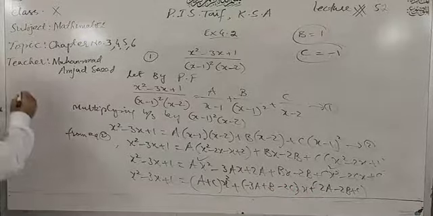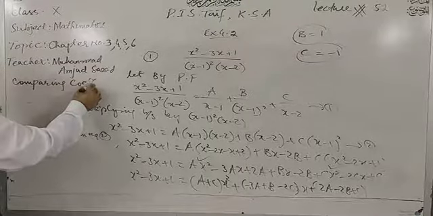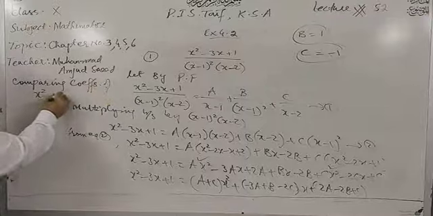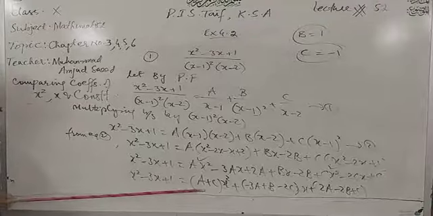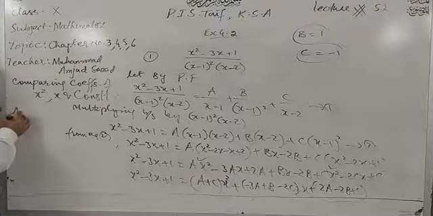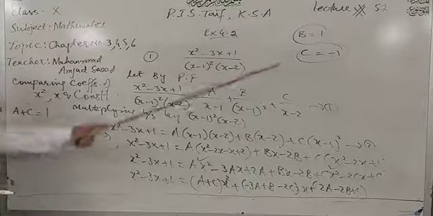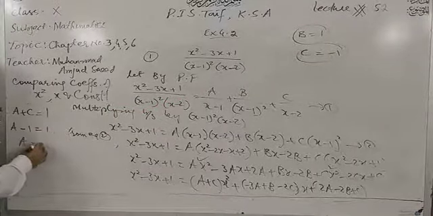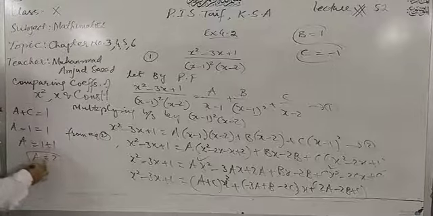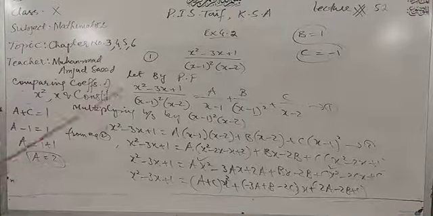So comparing coefficients of x², x and constant. What is the coefficient of x²? A + C. And here the coefficient of x² is 1. What is the value of C here? Minus 1. So applying −1, A = 1 + 1, A = 2. Dear students, with comparing of only one term, we got the unknown constants.